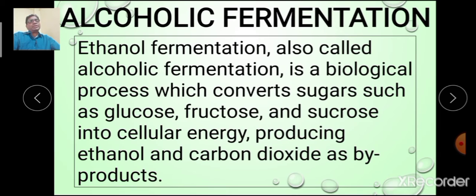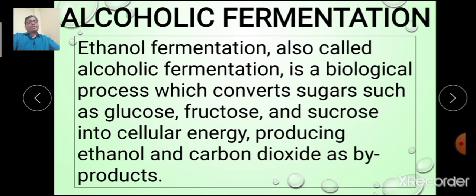I have told you that it is an enzyme based process, and therefore it is called a biological process where the sugars such as glucose, fructose and sucrose are converted into a new product, giving ethanol and carbon dioxide.